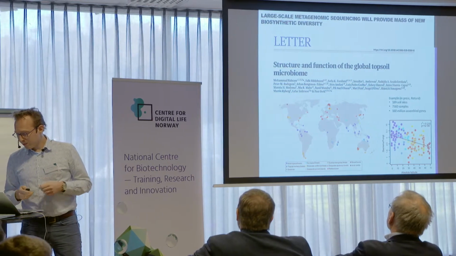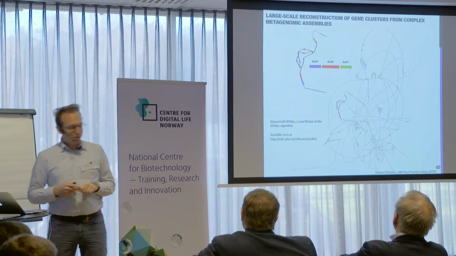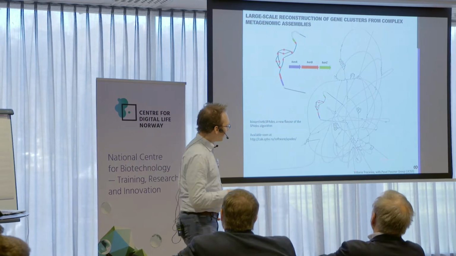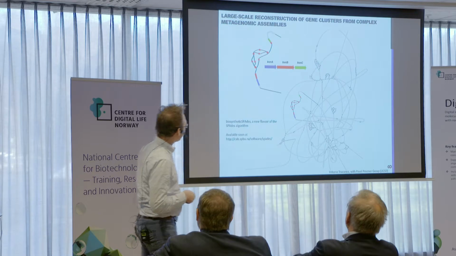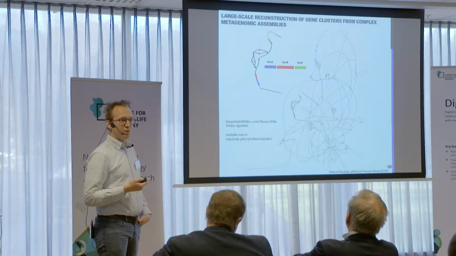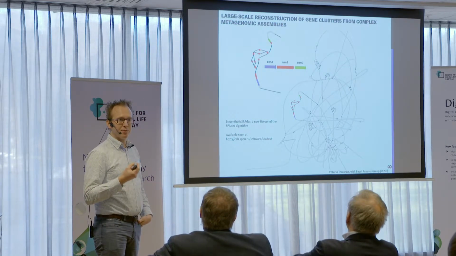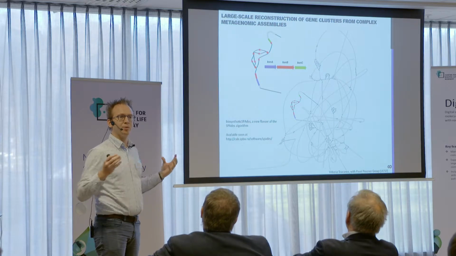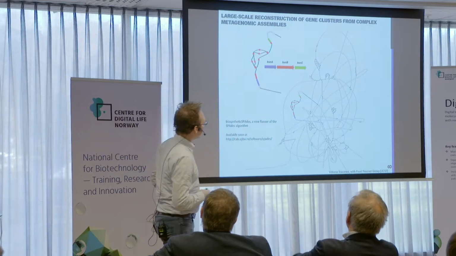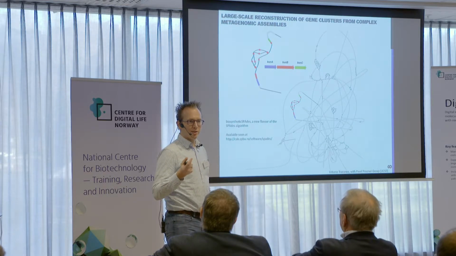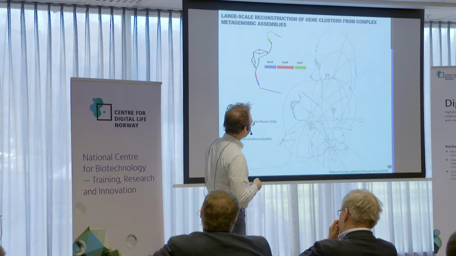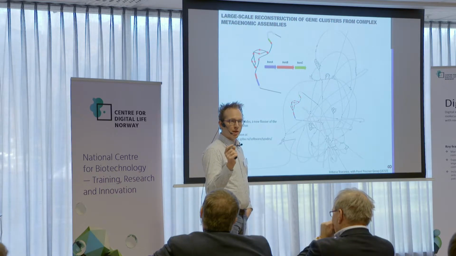So we've recently worked with a group of Pavel Pevzner. He has actually a lab both at UCSD in San Diego, also in St. Petersburg, to come up with a new assembly algorithm that is specifically focused on being able to complete these kinds of biosynthetic gene clusters. So actually what you get when you normally assemble a complex metagenomic assembly are small contigs.